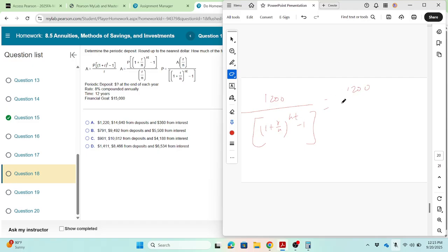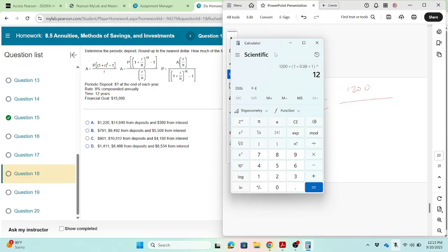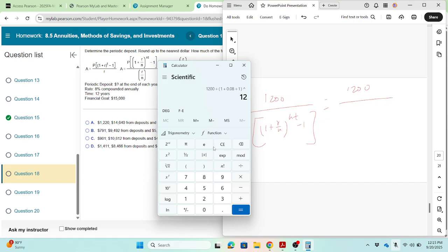So 1,200, and I'm going to calculate this. Sometimes it would be very confusing for the calculator if you don't use the command properly. So I'm going to calculate this thing, which is 1 plus 0.08 divided by 1. I'm going to do this: parenthesis, 1 plus 0.08 divided by 1, N is 1, to the power 12, minus 1.